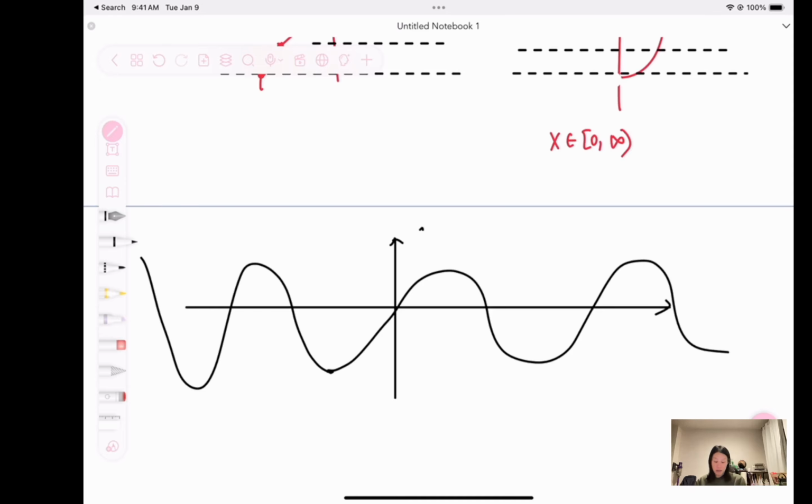Sine is not going to pass the horizontal line test because a horizontal line intersects it at more than 1 point. It doesn't pass the horizontal line test, so it is not one-to-one. However, if we restrict the domain, then we might have an inverse function for sine.